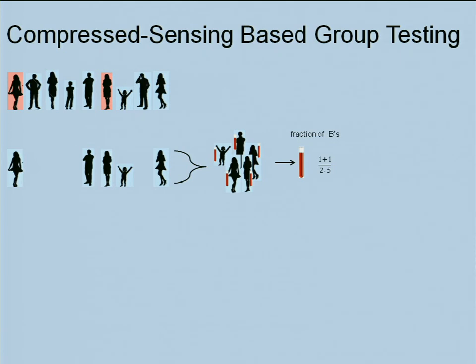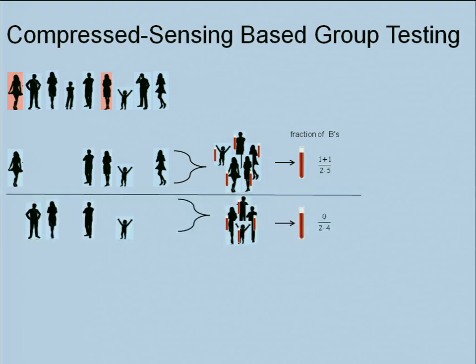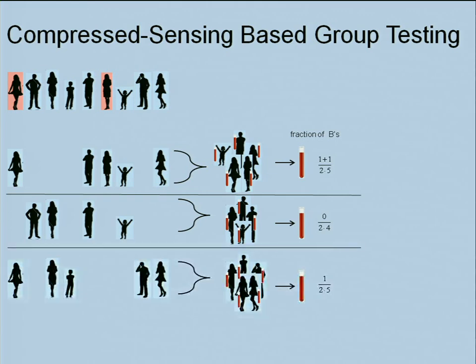That's 1 + 1, divided by 5, the number of people, times 2, because we have 2 alleles for each individual. So we have a measurement which is the frequency of B alleles in the pool rather than for a certain individual. Then you perform another pool. Here the frequency is 0 because we didn't pick any of the carriers. Then another pool, where the frequency is 1/10.